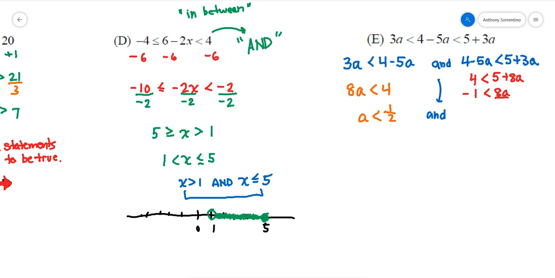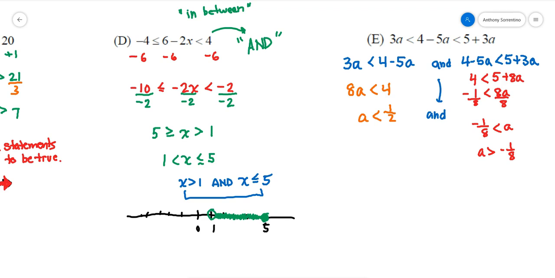Dividing both sides by 8, I have negative 1/8 is less than a. And basically that means that a is greater than negative 1/8. Now notice, I did not flip or change the inequality. The inequality always had a being more than negative 1/8, and I'm still representing that here.